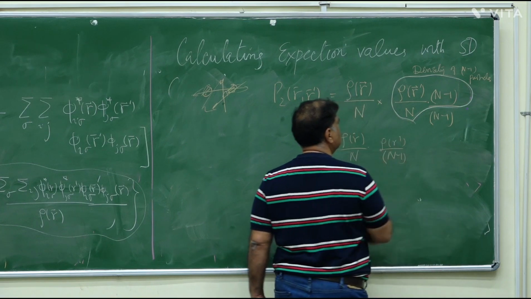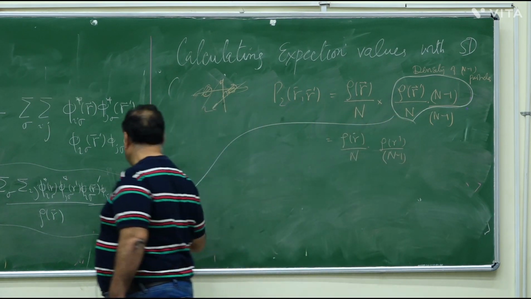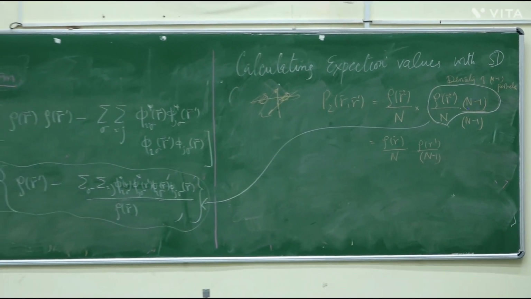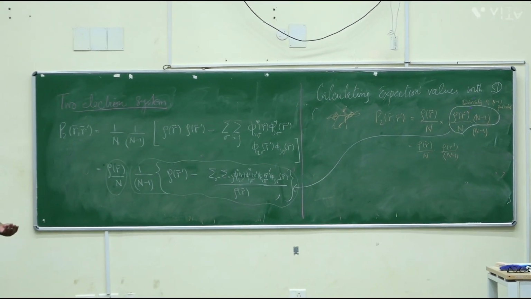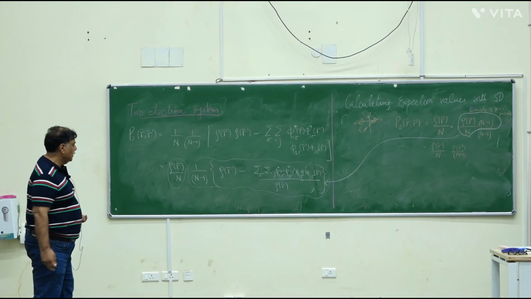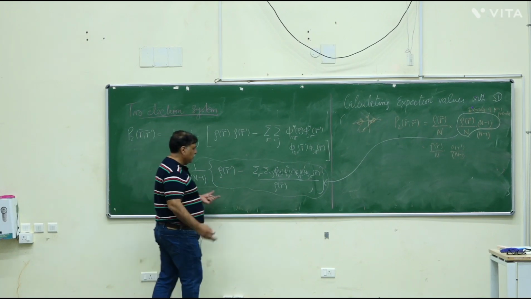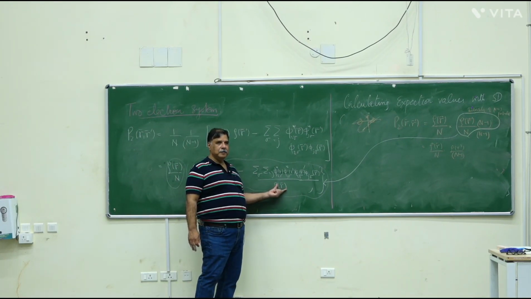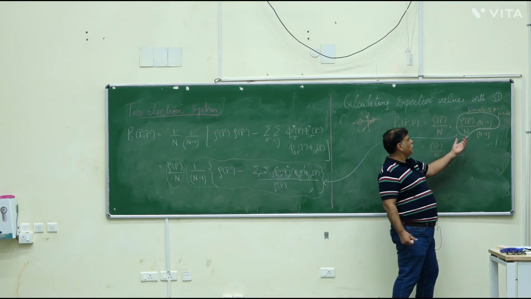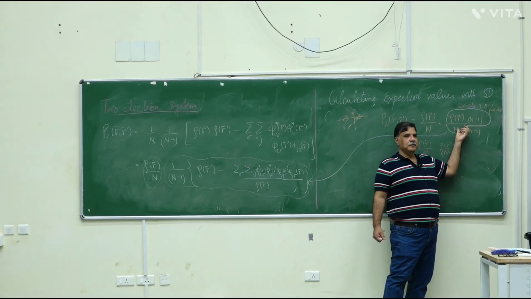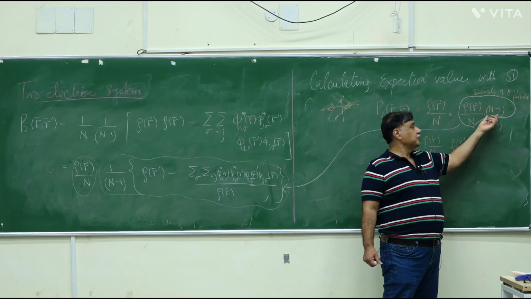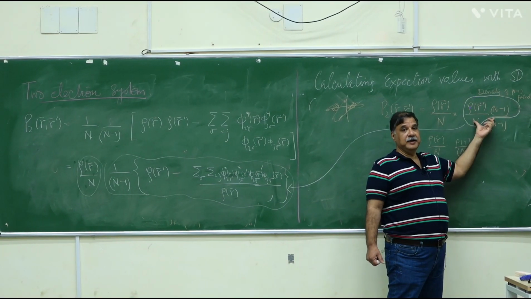Now, however, this thing in the brackets has been replaced by this. The density of finding a particle at r prime is not just proportional to rho r prime. It is rho r prime minus some subtle thing, right? And what does this integrate to? If I integrate this over r prime, it integrates to n minus 1.